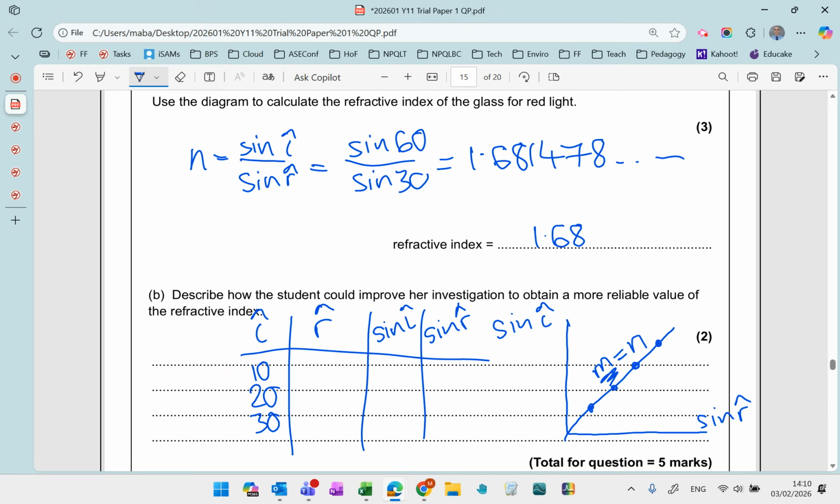You've got to be careful with that though, because in the mark scheme, under the notes for the examiner, it says ignore repeat and average. So if all you've said in your answer is do a load of repeats and take the average, that's not going to be enough to get you any marks here.